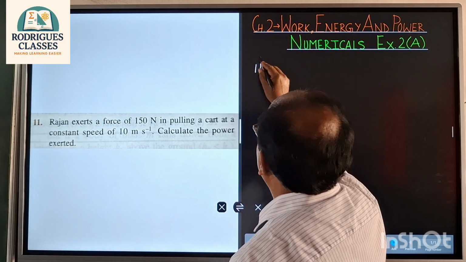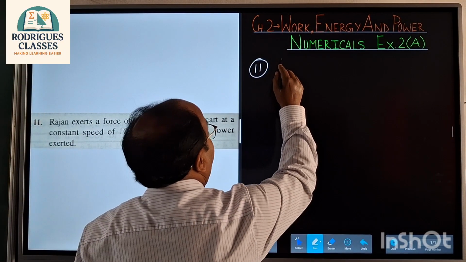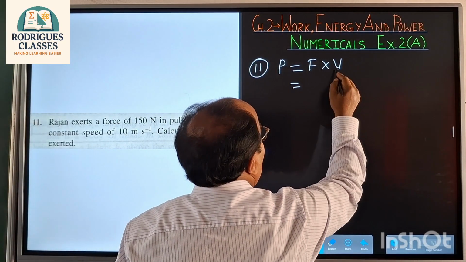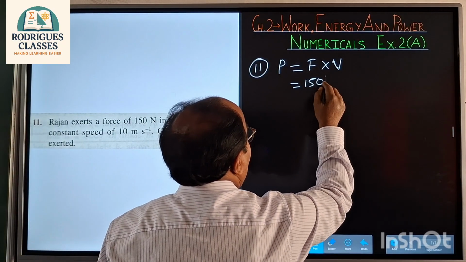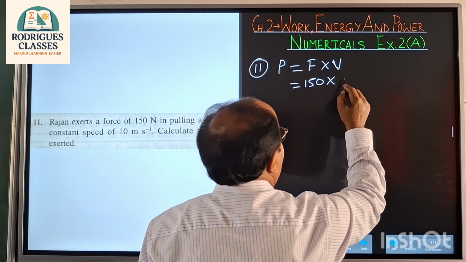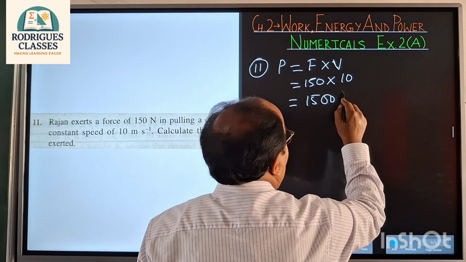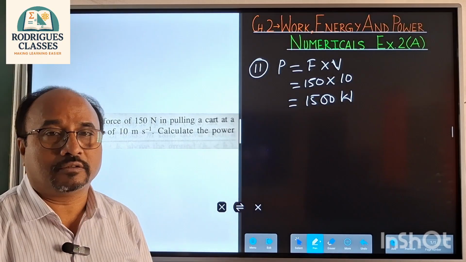So we apply the same formula, power is equal to F into V. Force is given as 150 and the average speed is 10. So 1500 watt is the answer. Very simple direct numerical.